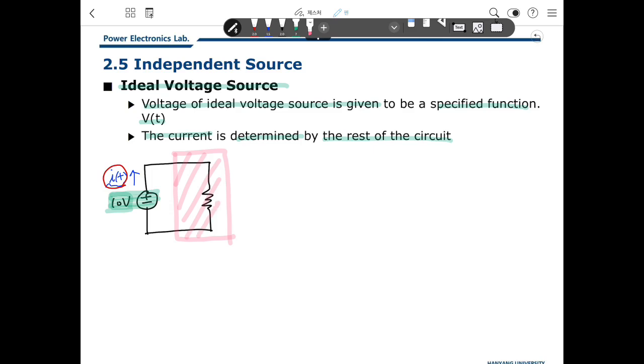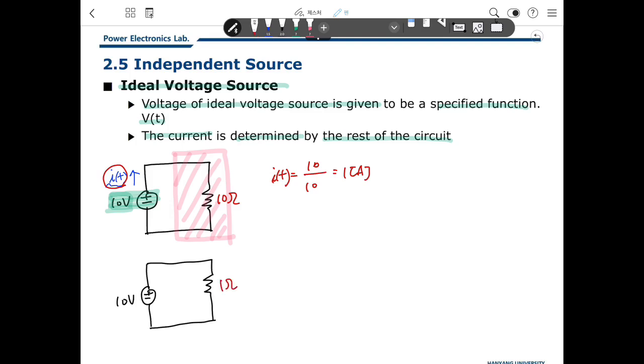Here, if the value is 10 ohm, then IT would be 10 by 10, which is 1 amp. It is the same voltage source, 10 volts. Then it's connected with other values, for example, 1 ohm.